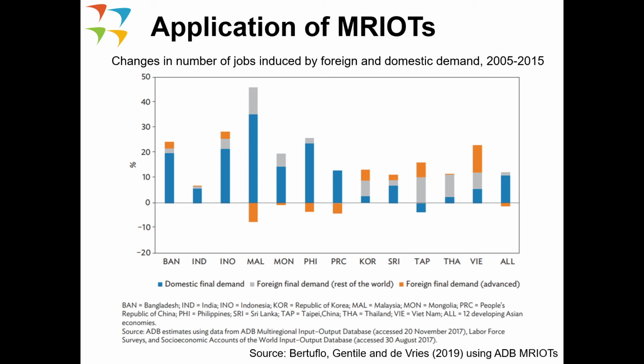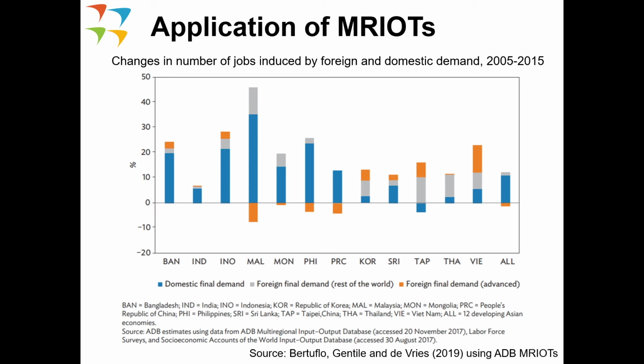Taipei, China is the only economy that shows a decrease in employment associated with domestic final demand, whereas Malaysia at 35% and Philippines at 24% show the largest increases. On the other hand, jobs induced by final demand from advanced economies have decreased by 1% for the 12 developing member countries as a whole.